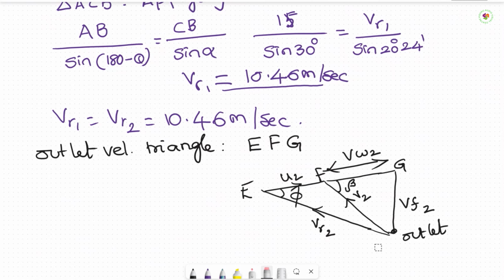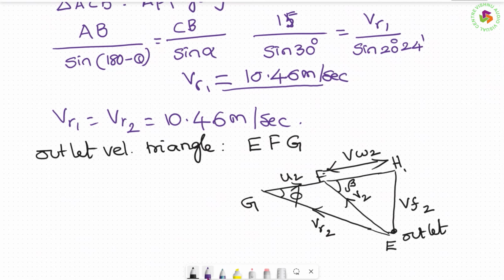Generally, we don't do this. Let me correct it. Generally, this is the way we go at the outlet: E, G, F, H. So EFG is the velocity triangle.